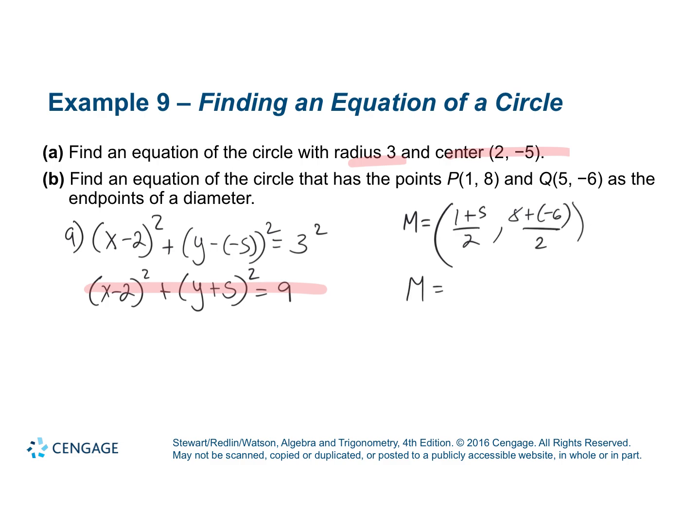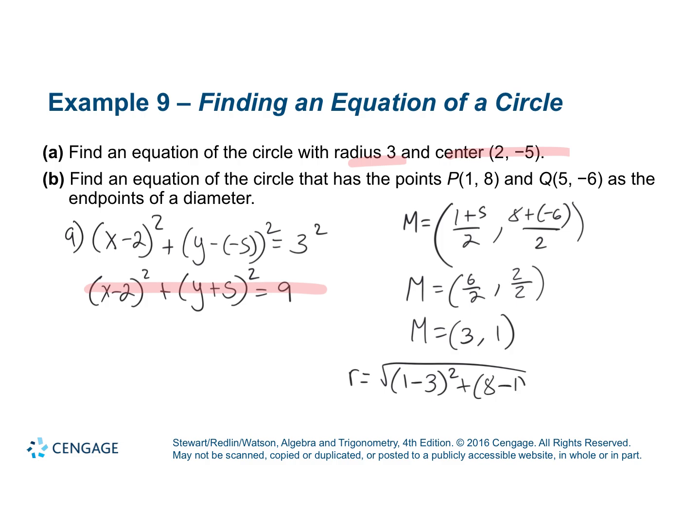So our midpoint is going to be 6 over 2, 2 over 2, which is just 3, 1. And then for the radius, I'm going to choose the point I found for the midpoint, which is our center, and do the same thing I did before. So the radius is going to be 1 minus 3 squared plus 8 minus 1 squared.